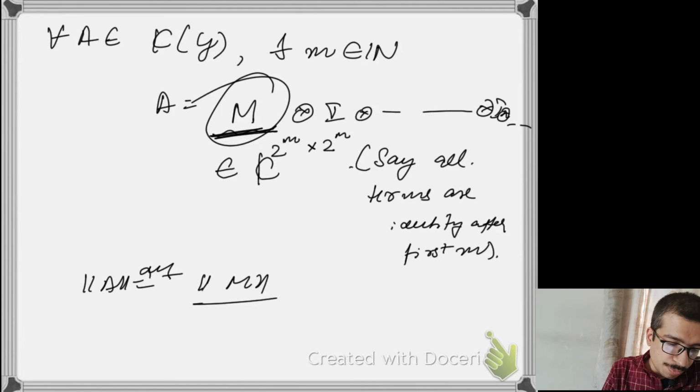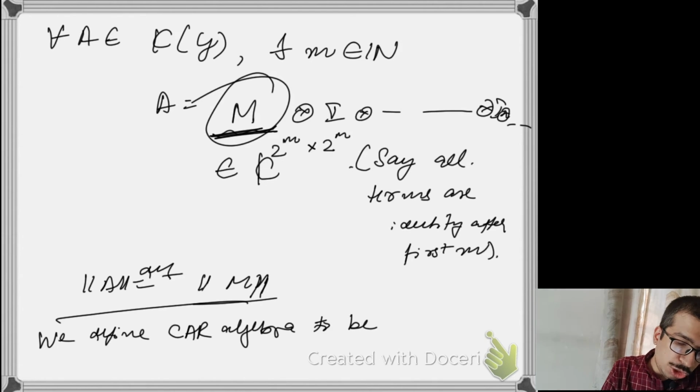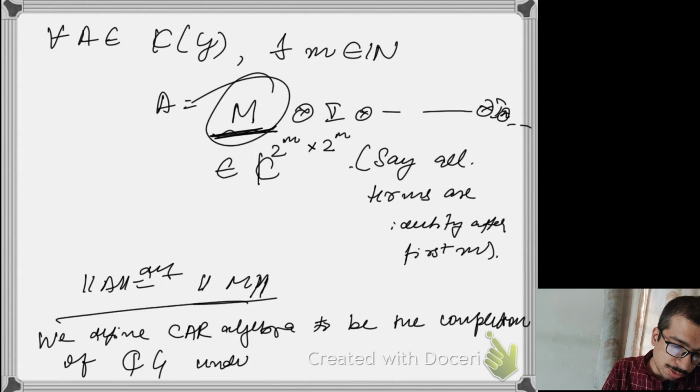But now it may look like it is not, so what we'll do is define the CAR algebra to be the completion of C of g under this norm.